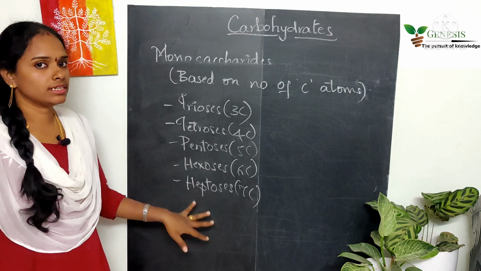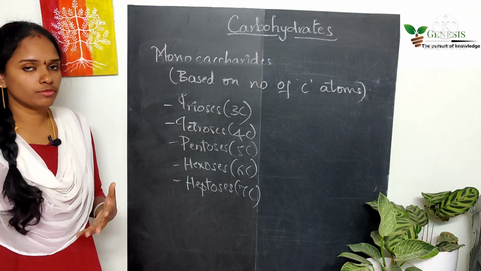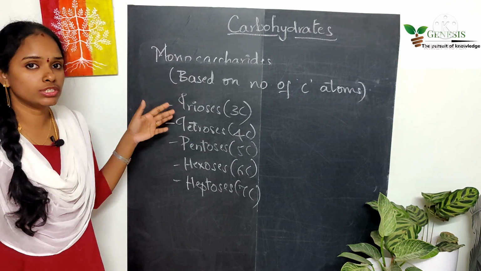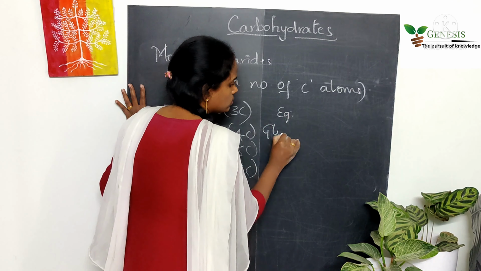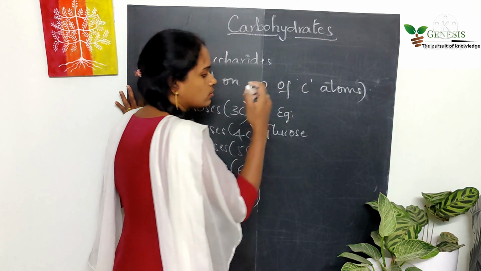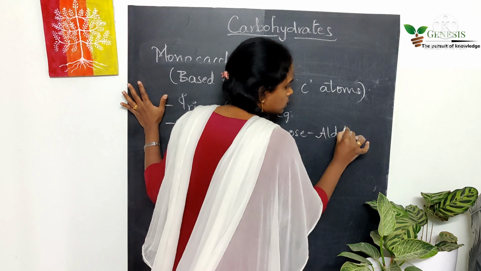So this is another kind of classification of monosaccharides. While giving the name of the carbohydrates, we have to use these two. For example, glucose is also called aldohexose.